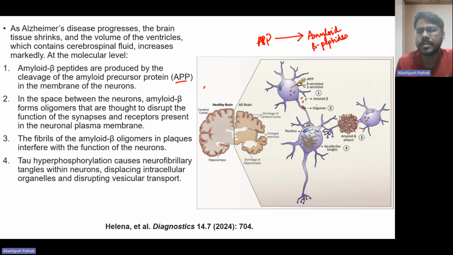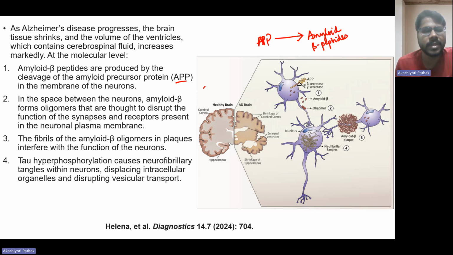So you see here that on forming oligomers, they start to build up as the disease progresses, and they accumulate in the neuronal tissue, and thus prevent the chemical messenger from being transmitted from one neuron to another, and it also leads to the death of these neuronal cells.